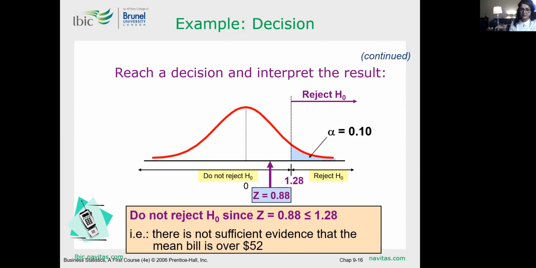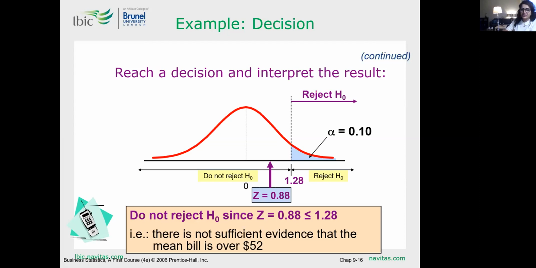Once we get to this stage and find the z value, we find the probability of this, and then we say we do not reject the null hypothesis. Why? Because this value is less than the critical value. You need to understand this easily. What is the difference between these two? They are both on z, right?